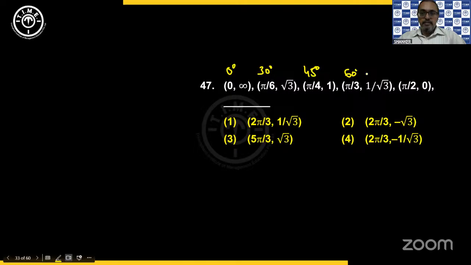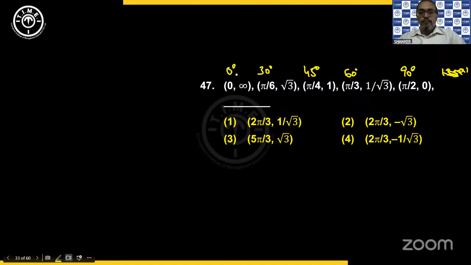This is 60 degrees. This is 90 degrees. So the next should be 135 degrees? We need to check. Everywhere it is 2 pi by 3, no? So pi by 3 is 60, and 2 pi by 3 is 120 degrees.